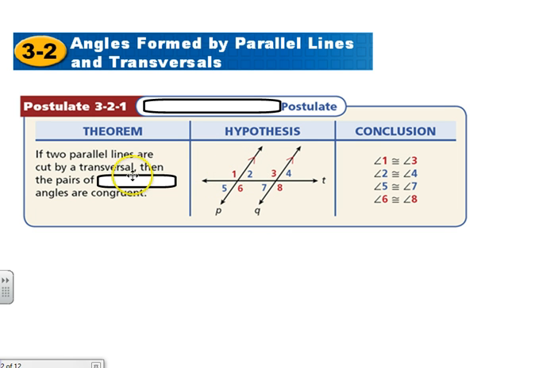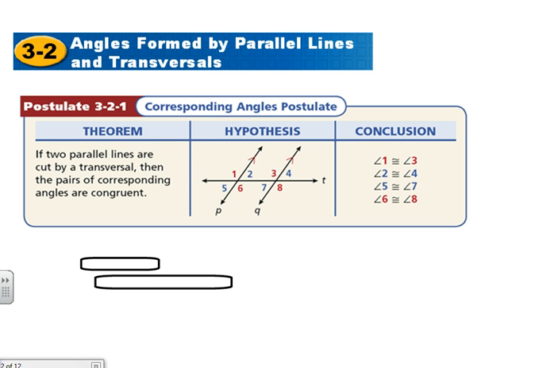So if two parallel lines are cut by a transversal, then the pairs of blank angles are congruent. What is the missing word? Good, corresponding, that's right. The corresponding angles are congruent. This is known as the corresponding angles postulate.